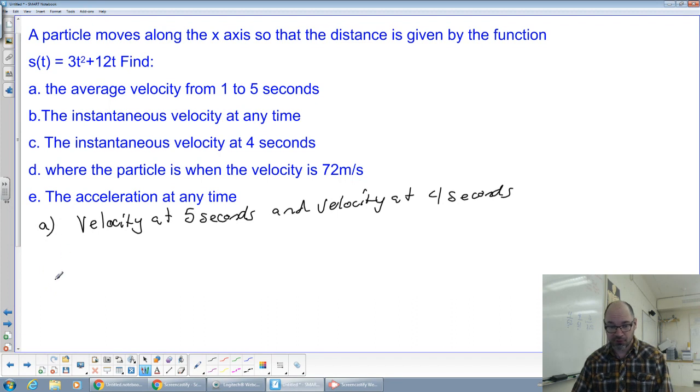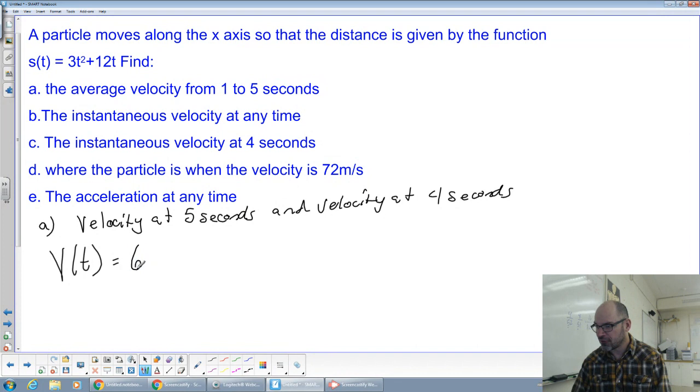Okay, so we got to figure out the velocity equation. So if velocity is a derivative of position, okay, so we have to take the derivative of this. So that's going to be 6t plus 12. Okay, that's what that equals.